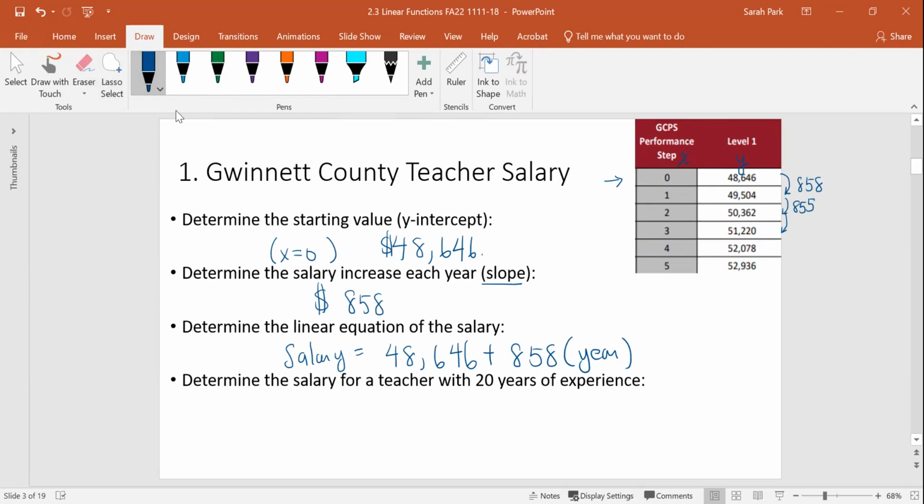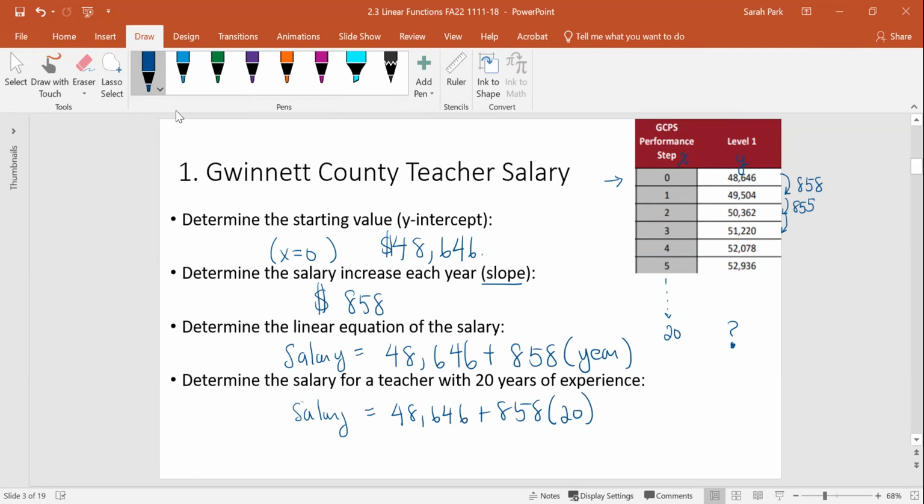And then let's see if we were to calculate all the way to the 20th year, what would be the salary for a teacher with 20 years of experience? It would be 48,646 plus 858 times 20.